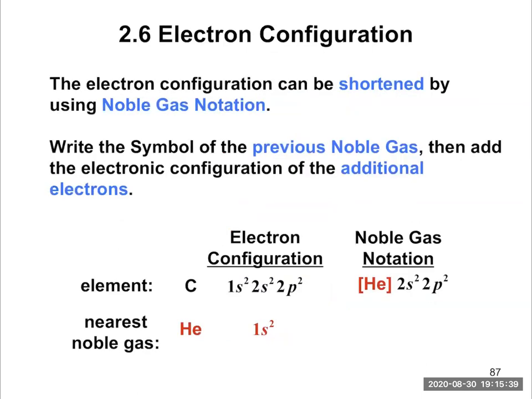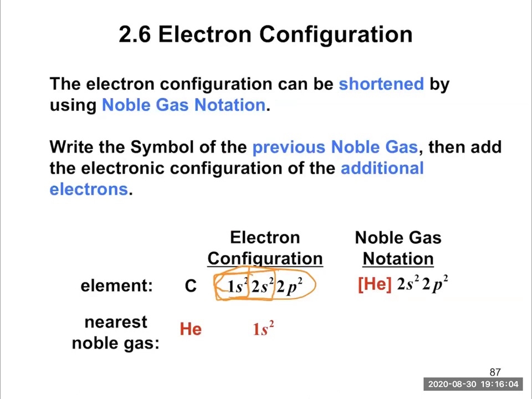Noble gases are the shorthand notation. In order to use the shorthand notation, you put in parentheses the noble gas that was before it. So for example, this is carbon, right? But this is 1s2, it's helium.